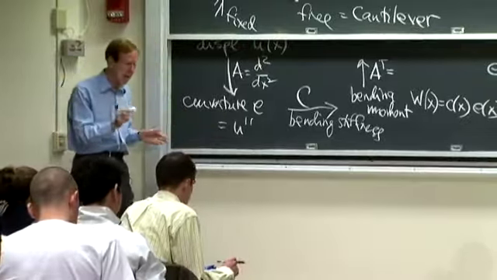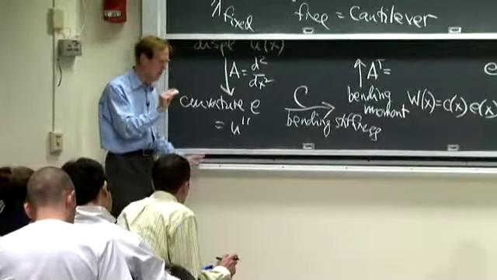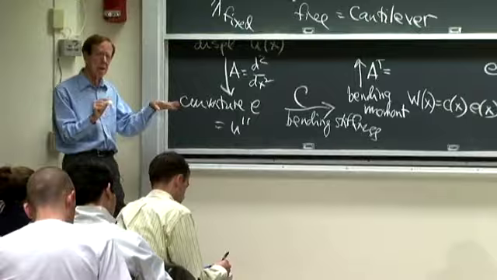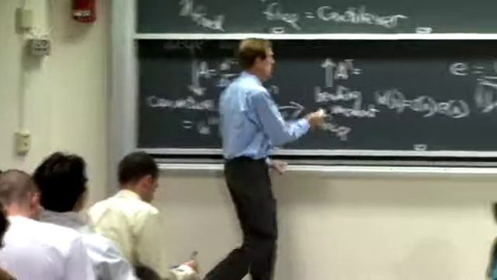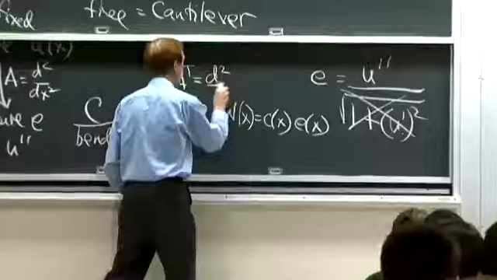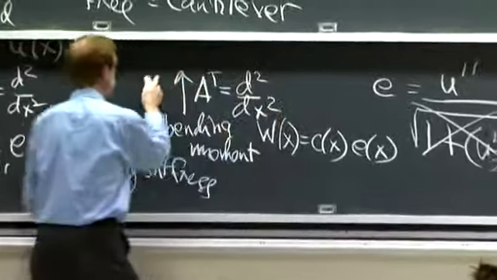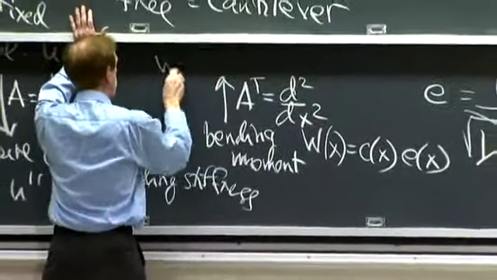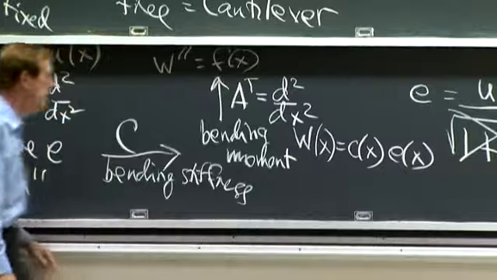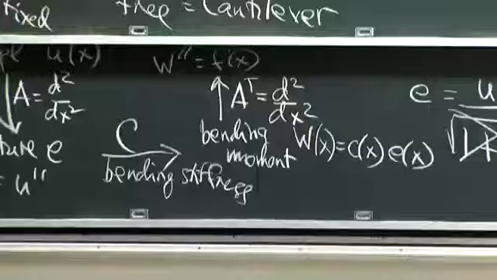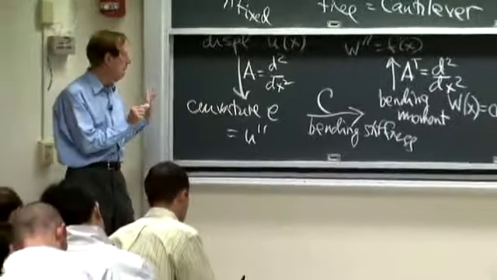It'll be second derivative. I mentioned we had a minus sign with a first derivative, but now we're going to have 2 minus signs, so it's going to come out symmetric, second derivative. And the equation here will be W double prime equal f of x. Our framework is working.